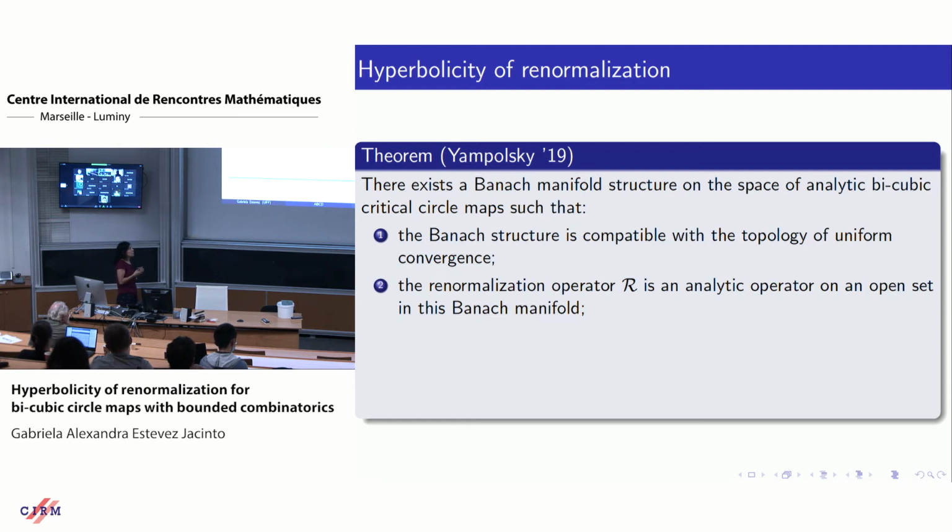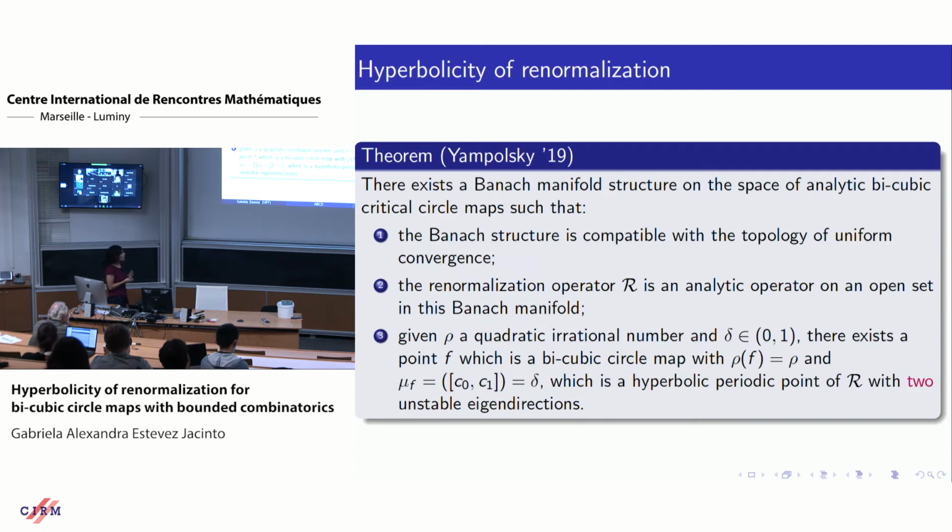The renormalization operator is analytic in an open set, and if you give me a quadratic irrational number and a delta, which is the distance between the critical points, there will be a bicubic map with this irrational rotation number and this critical point distance, which is a hyperbolic periodic point of the renormalization. But in this case, the periodic point will have two unstable directions instead of one, as in the case of one critical point. This is the difference between bicubic and unicritical maps.